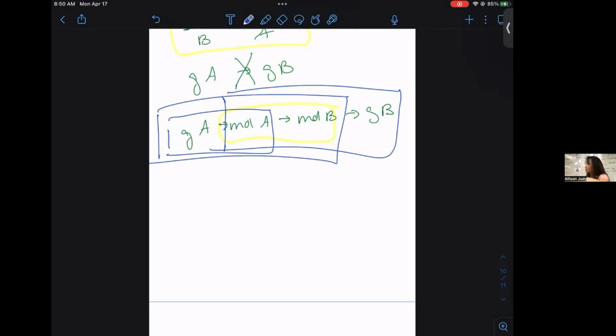If I drop you off at step B, you go from step B to D. If I drop you off at step A, maybe I have you go all the way down to the finish line. Or maybe it's more like a relay. I only have you go a part of it, and then the rest is carried later. But that's kind of the big idea behind stoichiometry and the expectations I'll have for you on the test.